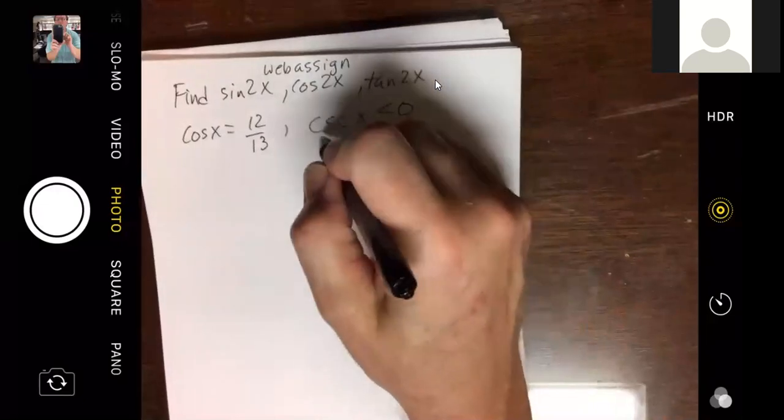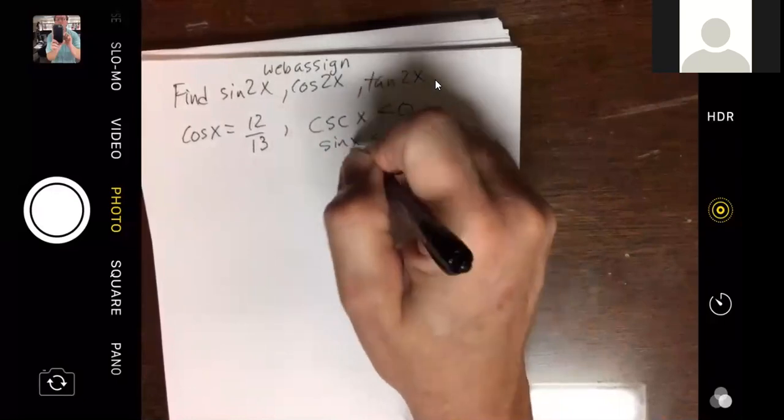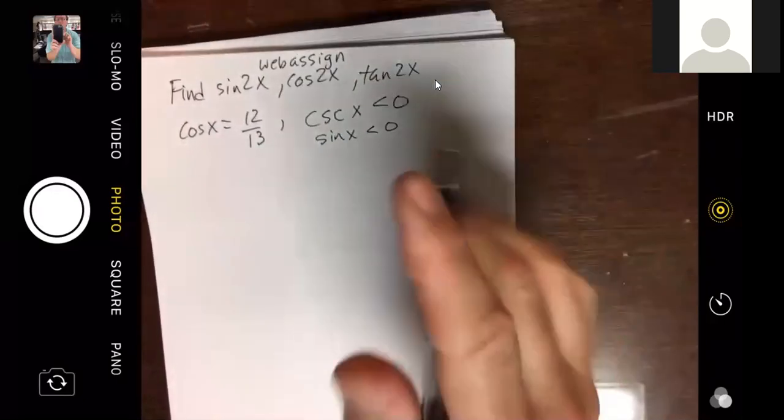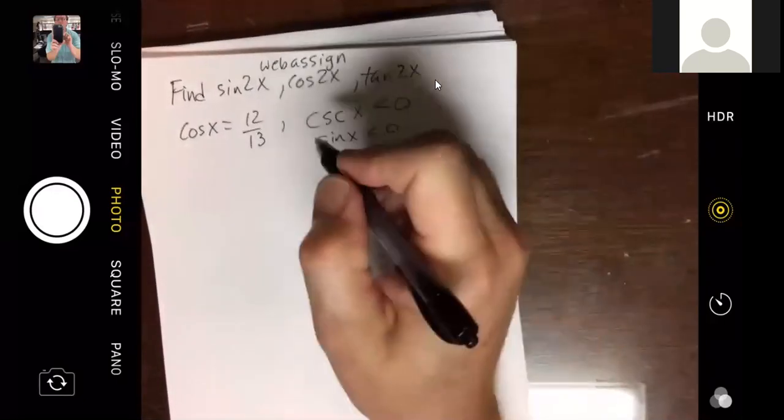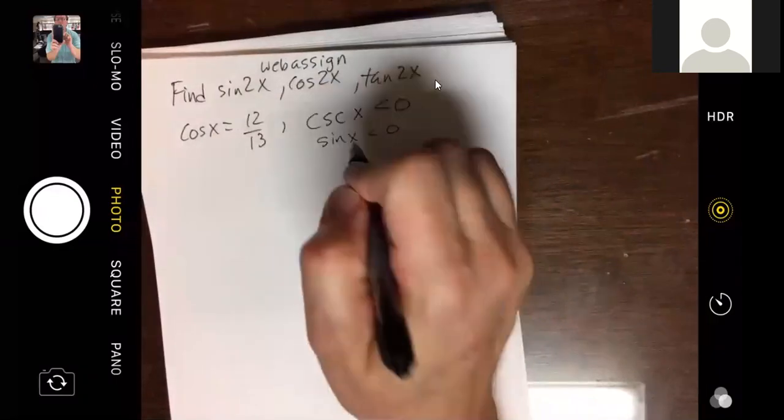So you want cosecant of x less than 0. That means sine of x would also be less than 0 because you flip things, you don't change sign. Your x coordinate is positive, and I don't mean the same x. This is the angle. This is the x coordinate.